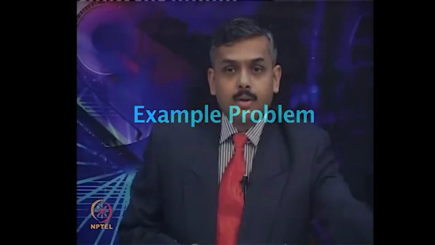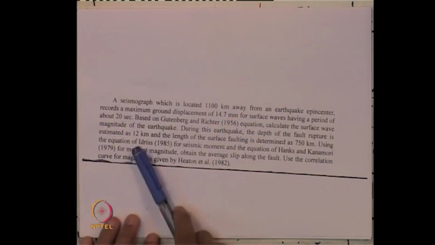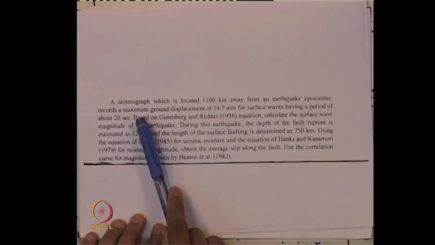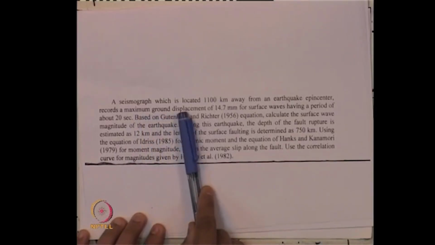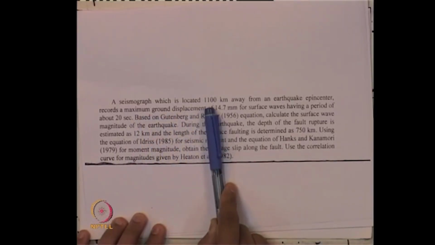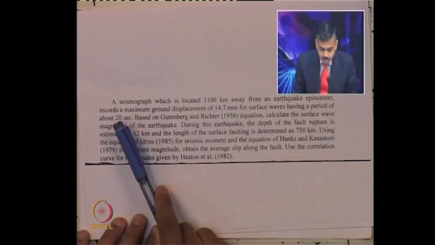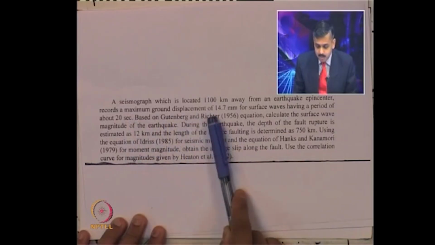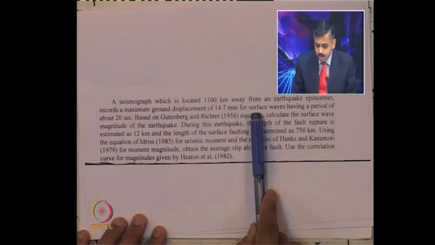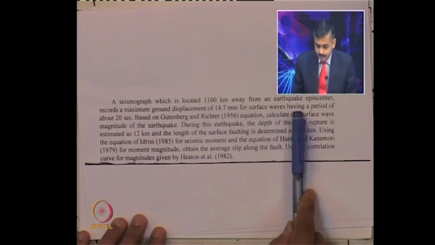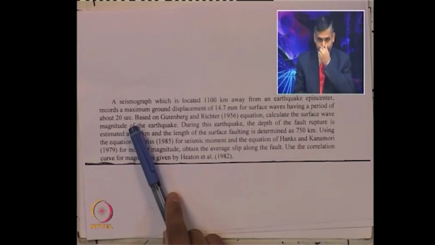Now, let us do one example problem on this size of magnitude. Let us see the problem statement over here. This problem says a seismograph which is located 1100 kilometer away from an earthquake epicenter records a maximum ground displacement of 14.7 millimeter for surface waves having a period of about 20 seconds.